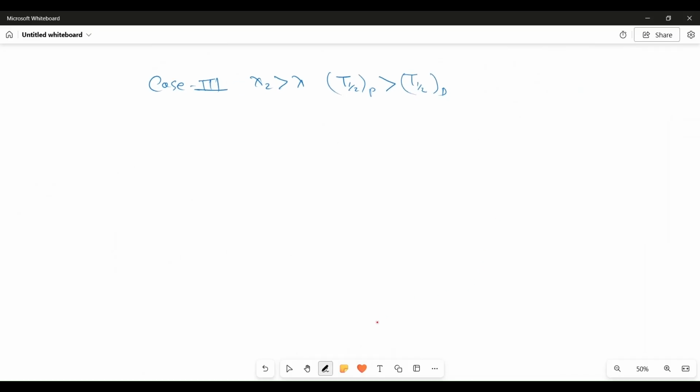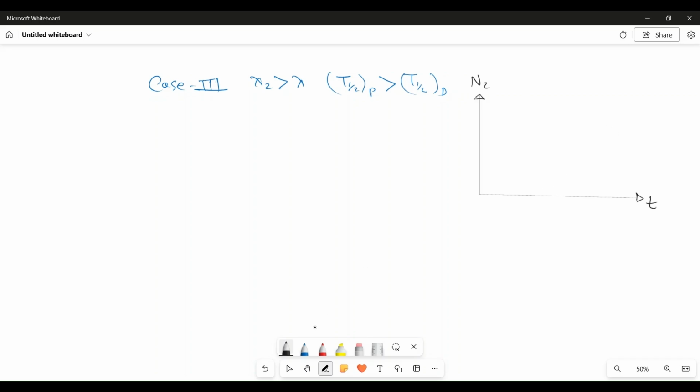So in case 3 we have these things, and when it happens, we can look at a graph. So in the x-axis we have t, and in the y-axis we have, suppose, N2, the number of N2.